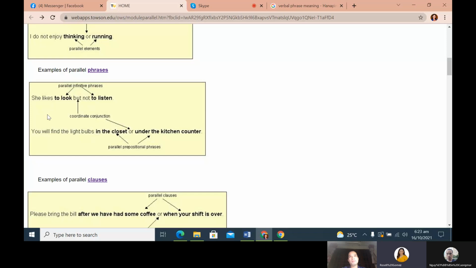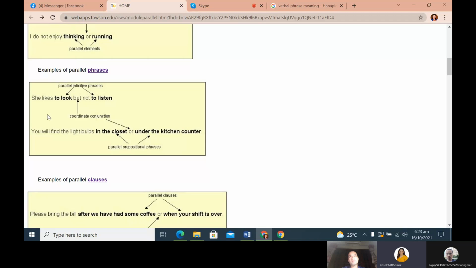What makes the sentence parallel? To look and to listen. Very good. We can also say, "She likes to look, but not listening." So that is now not parallel.